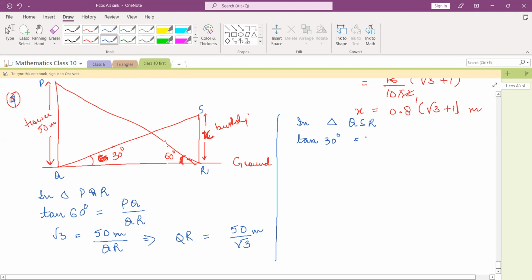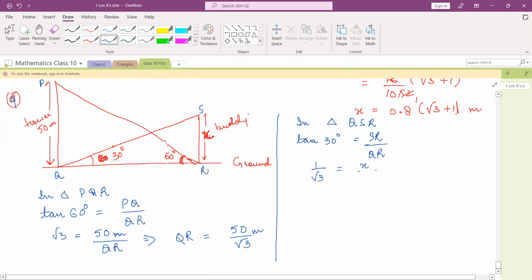In triangle QSR, look at QSR triangle in the figure. What is my perpendicular here? Which side? SR. Yes. And base? QR. So tan 30 is 1 upon under root 3.